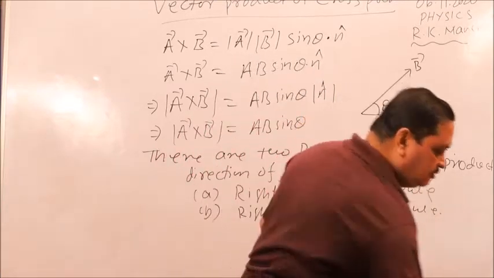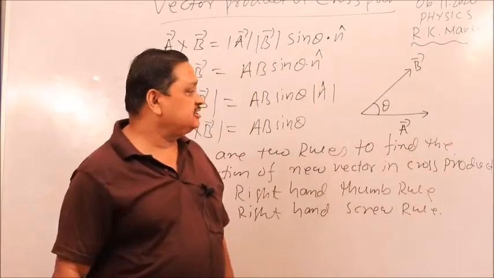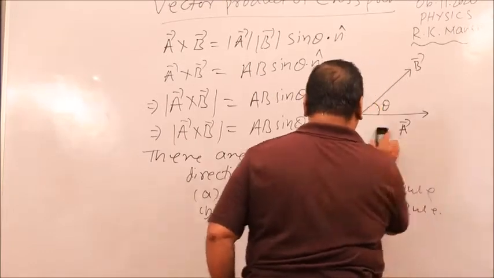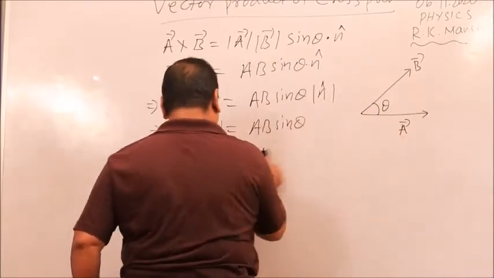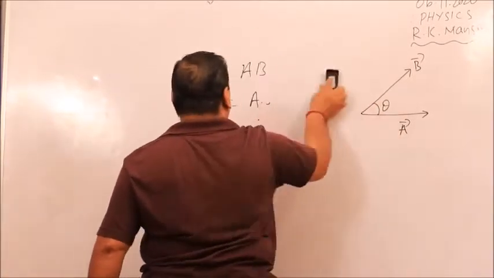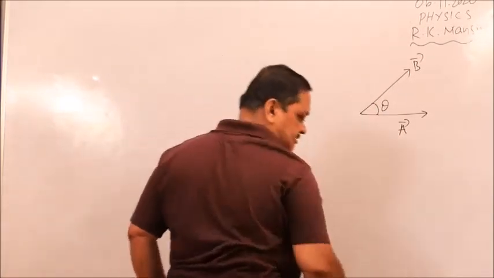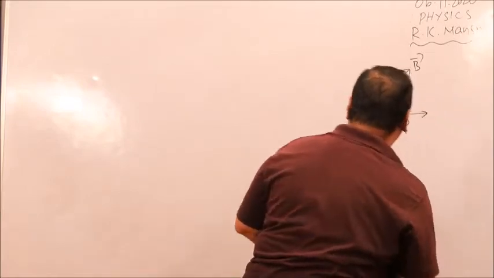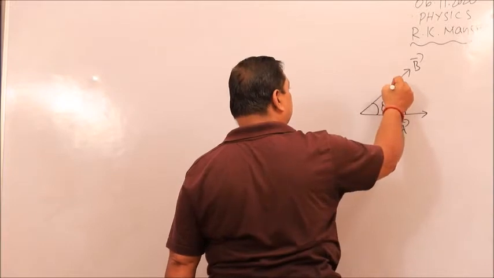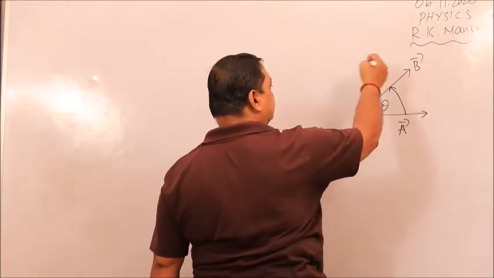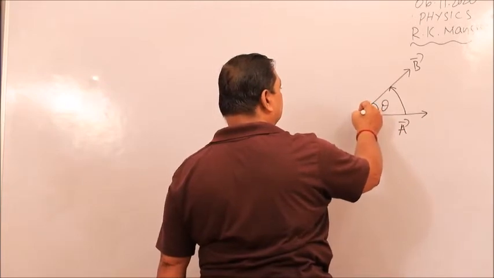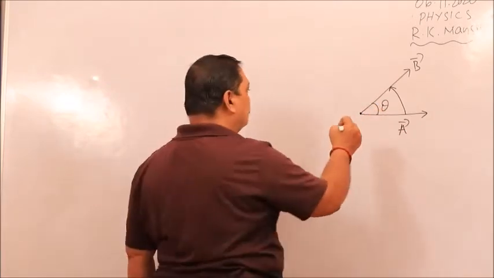Now we will discuss the various properties of cross product, but first, how the direction is represented in the figure. You just mark it, then we will discuss the properties. If you move from A to B, that is anti-clockwise direction, that means if there is a screw here, the screw will move out of the blackboard.